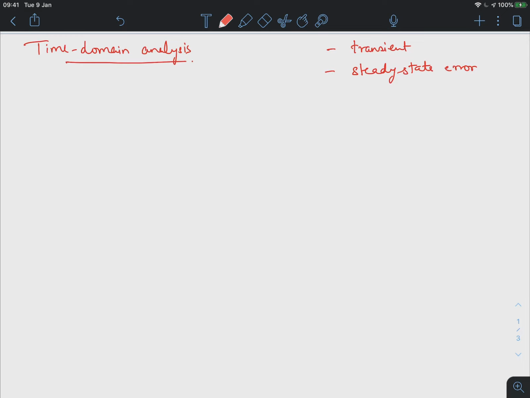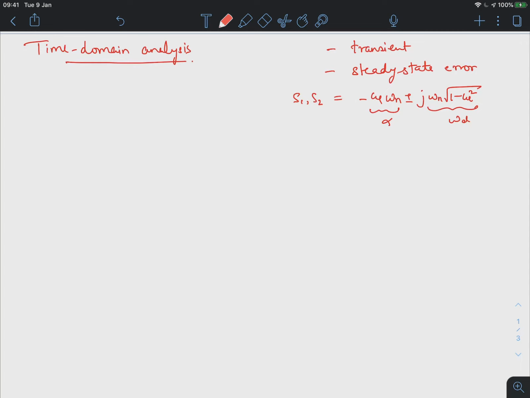Okay, so before starting with this, let's recall that for the second order system we have two poles, which are minus xi omega n plus minus j omega n under root 1 minus xi square. Okay, and this term we have defined as omega d, and this one we have defined as alpha.